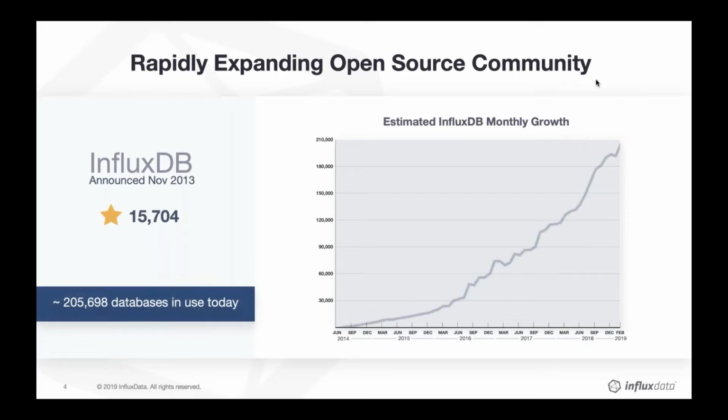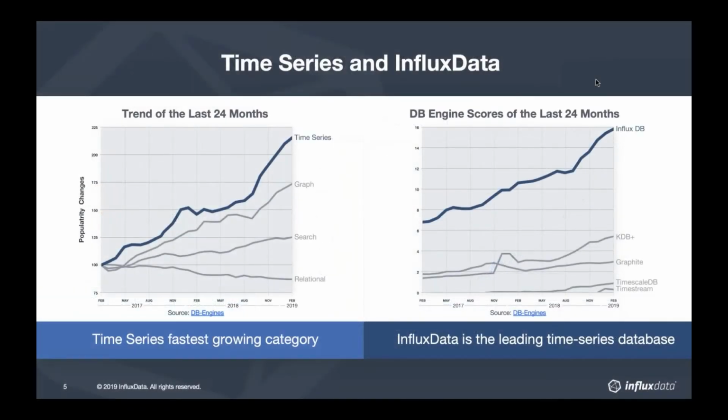So let me provide some numbers to back up those bold statements that I have been making. This graph shows you how much we have grown since the start. It's a clear exponential growth rate. And why is that? The answer is here in these two other graphs. DB-Engines provides monthly research reports on the database segment.